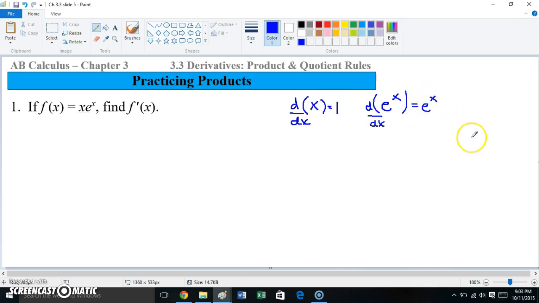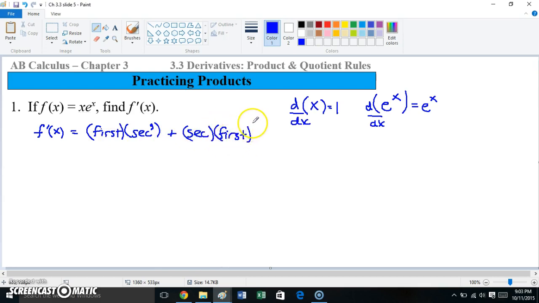It is e to the x. All right, so f prime of x, I could write it this way: the first times the second function's derivative, plus the second times the derivative of the first. Okay?